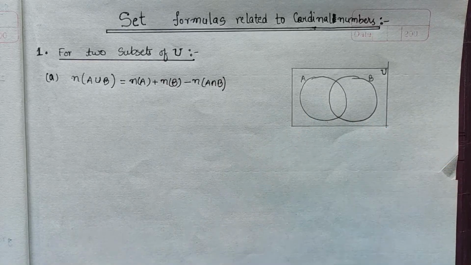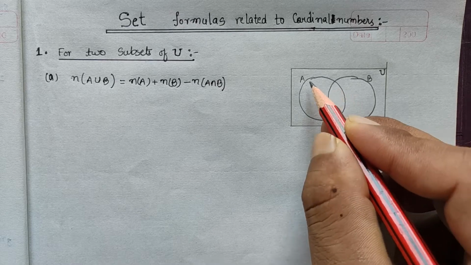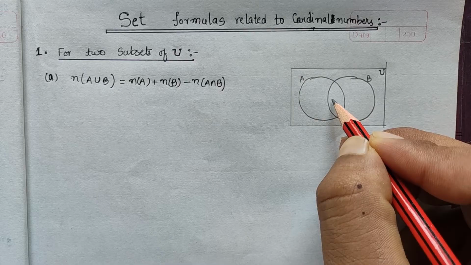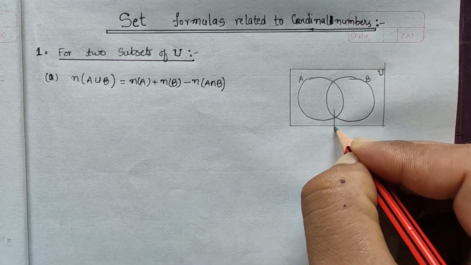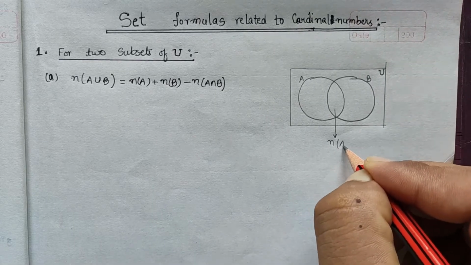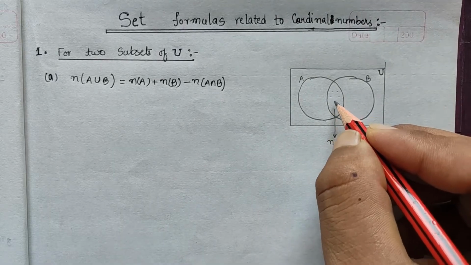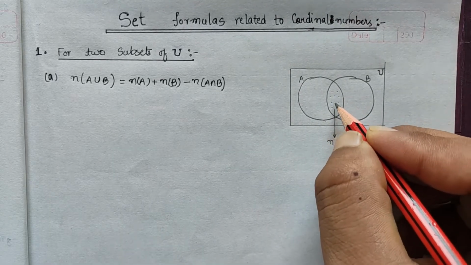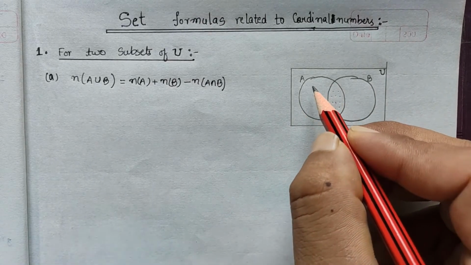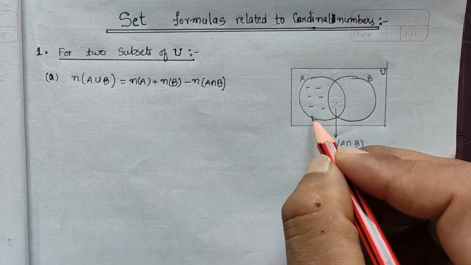Okay, so first we will see here this intersects this part. This is A, this is B, and this part is n(A intersection B). Okay, you can make it dot here. Like this dotted part is A intersection B, and this dashed part is what?